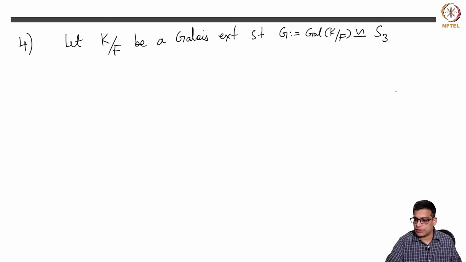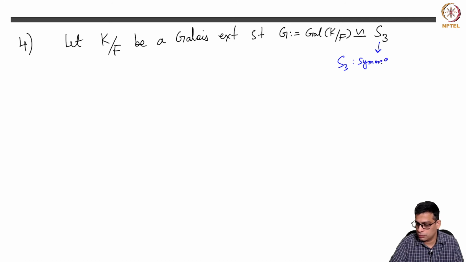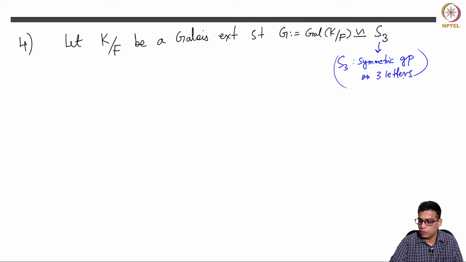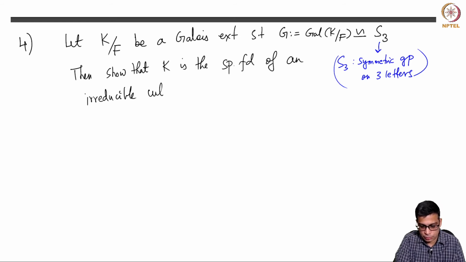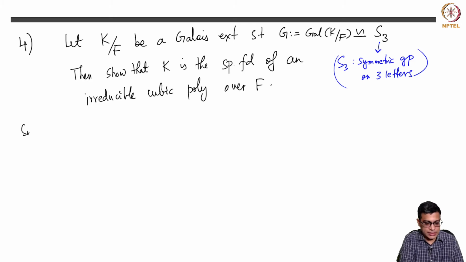S3 is always the symmetric group on 3 letters, so an order 6 group. So G is isomorphic to that. Then show that K is the splitting field of an irreducible cubic polynomial over capital F.